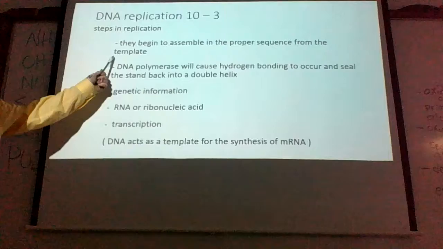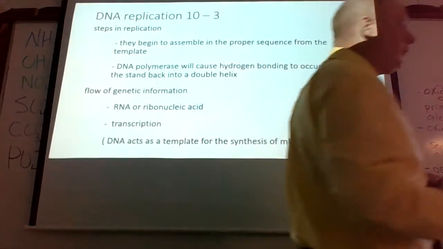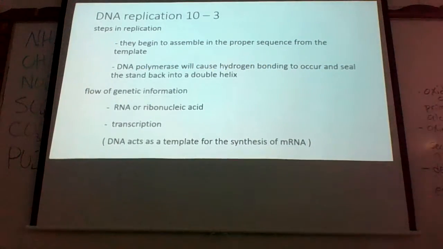So they begin to assemble in the proper sequence, and then the second enzyme, DNA polymerase, will cause the hydrogen bonds to form again. And a lot of you have this diagram written down somewhere on your paper, okay?